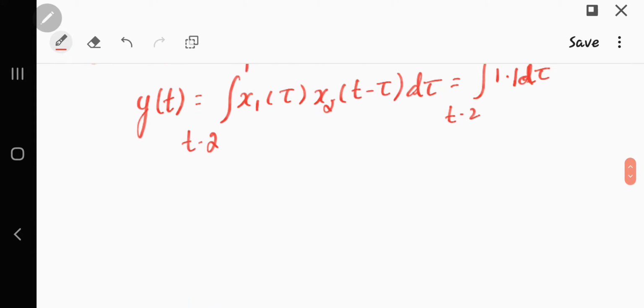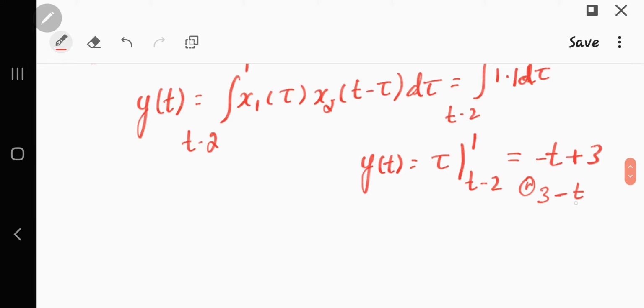Now if you integrate this, y of t is equal to tau with limits t minus 2 and 1. Now if you apply the limit and simplify this, you should get minus t plus 3, or you can write it like 3 minus t, whichever suits better. So minus t plus 3 is the answer.